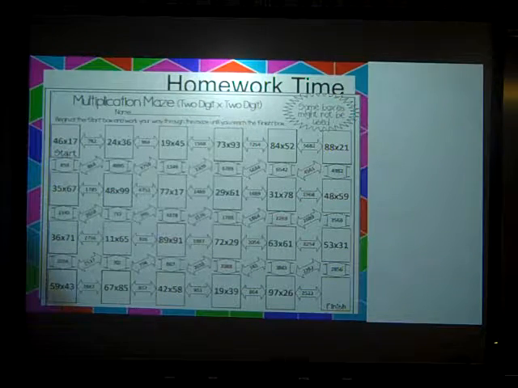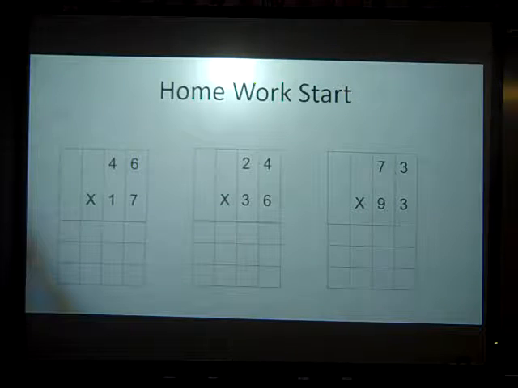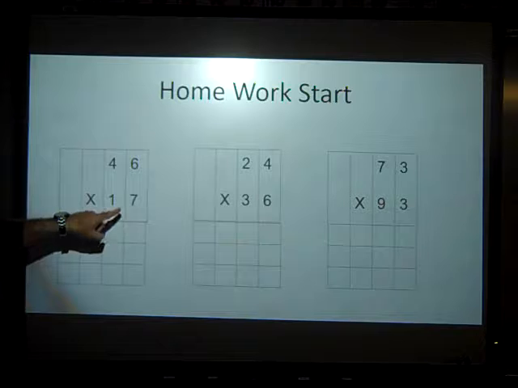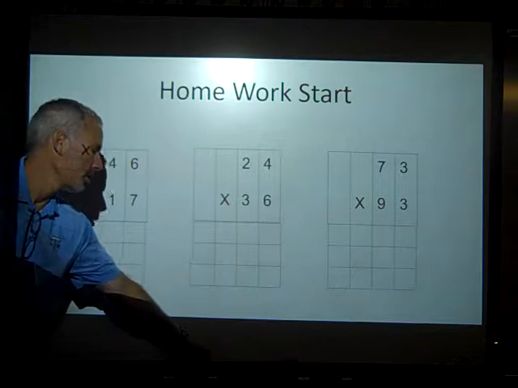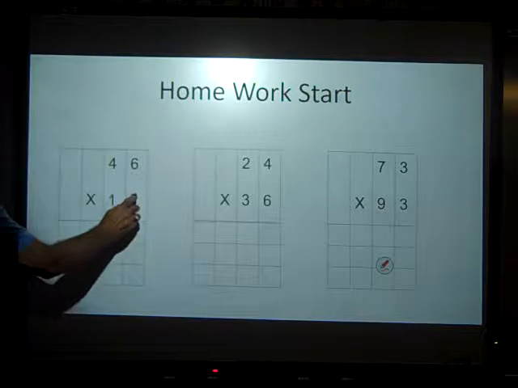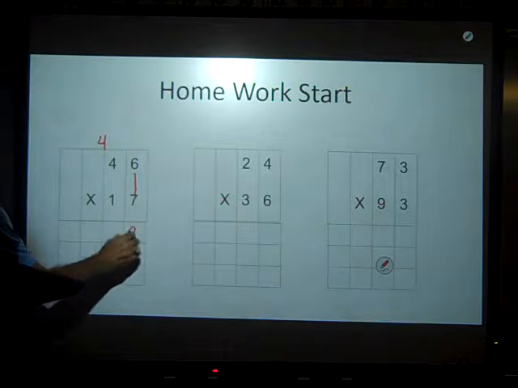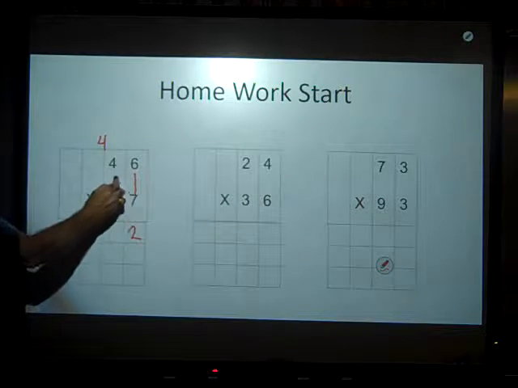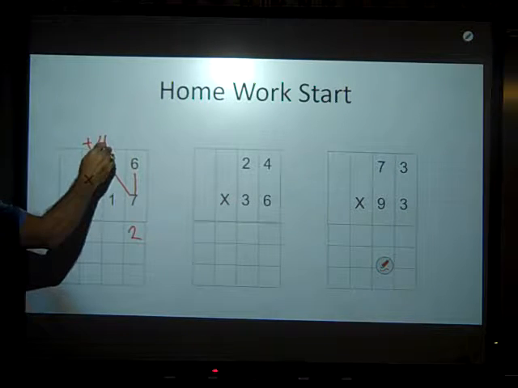So on the back of your paper, write 46 times 17. And here's the question right here, 46 times 17, okay? So we need to work that out. I'm going to start in the ones place, right? 46 times 7. So what is 7 times 6? 42. Okay? And then 7 times 4? 28. 28 plus 4, 29, 30, 31, 32.